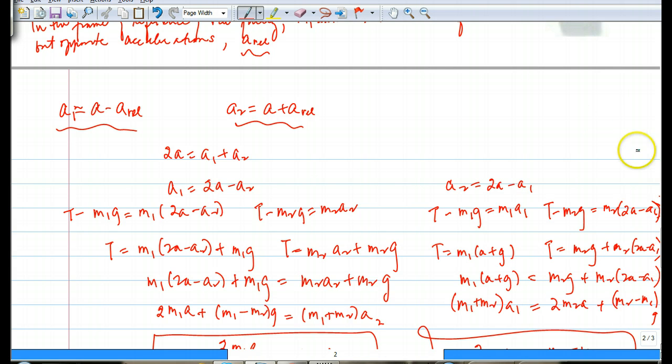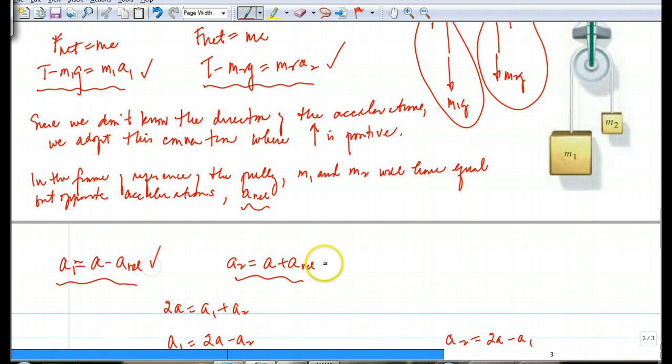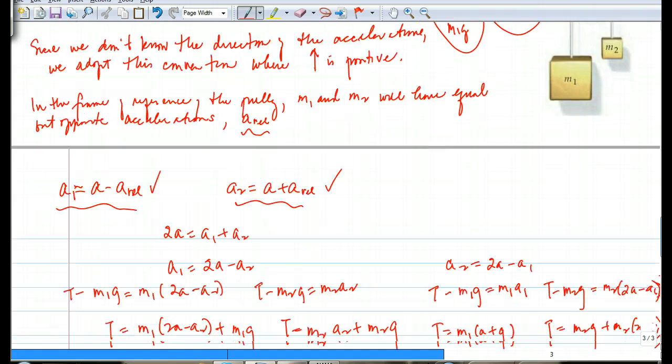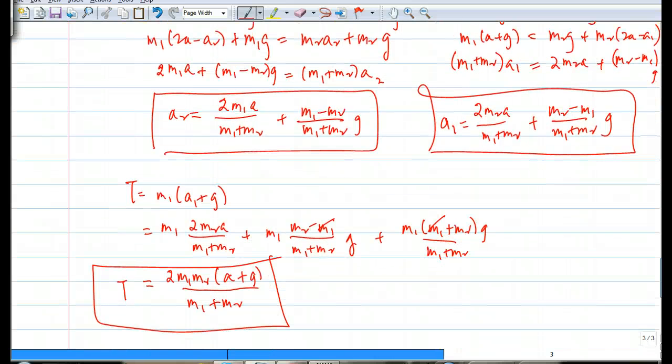And so really what I have are 4 different equations, 1, 2, 3, 4, and I'm going to solve. A lot of algebra later, I end up with solutions for A1, for A2, and for tension.